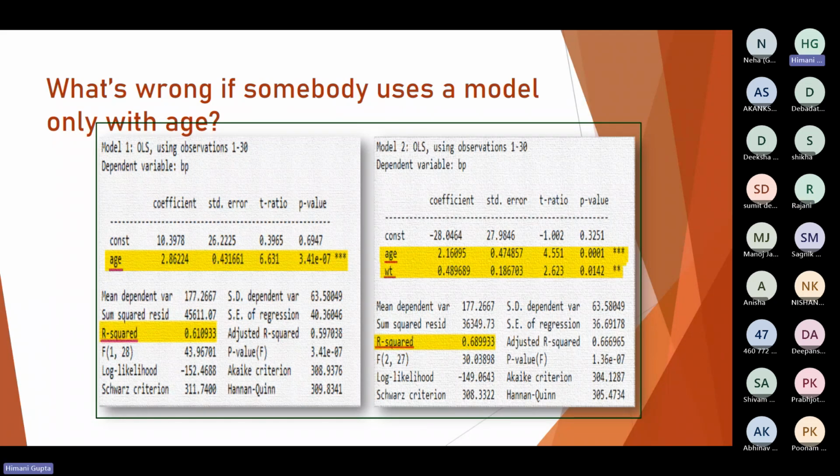Not only that the variable should be significant. It can be insignificant also for this particular observation that I have taken. Over here, suppose weight is not significant. So I cannot say that weight does not play any role in BP. In this particular problem, weight is not playing a role, but actually weight plays.